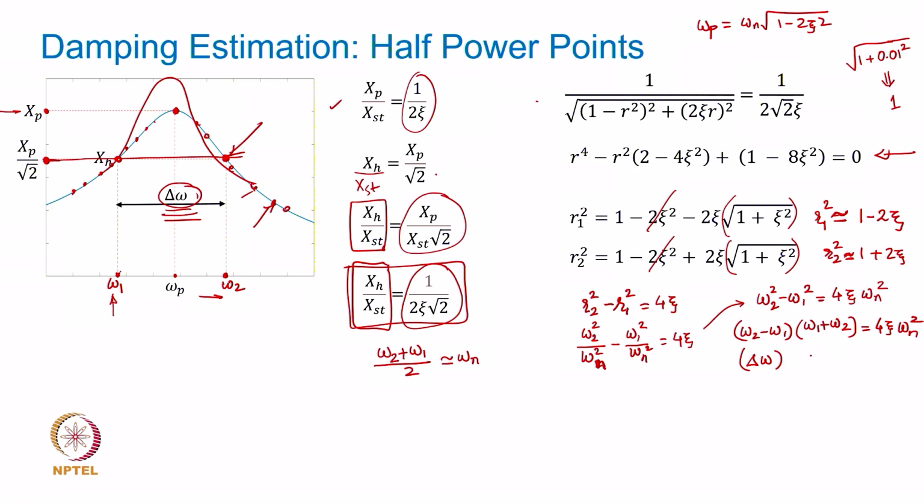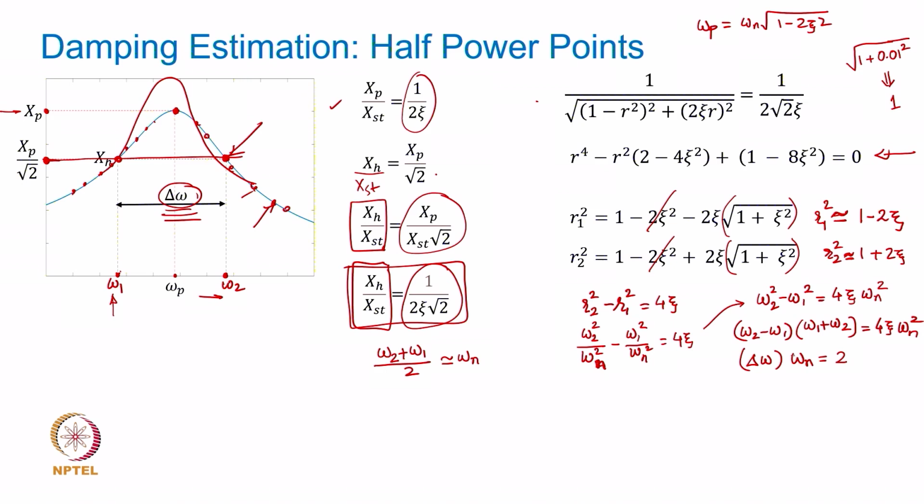So, that basically will mean that I replace omega 1 plus omega 2 by 2 omega n, and I will retain omega n here and get rid of this 4 by dividing it by 2.